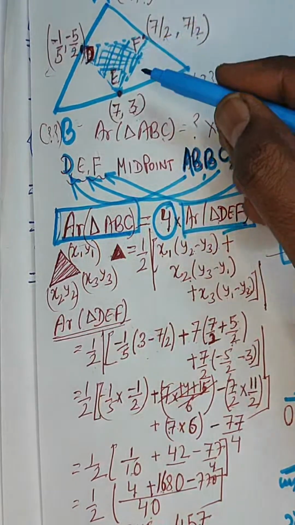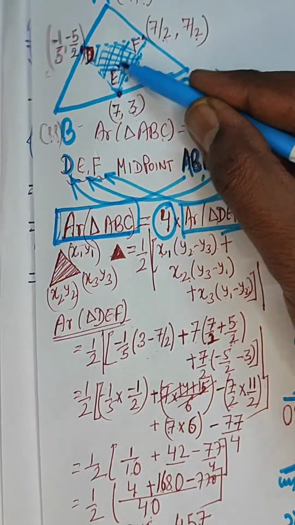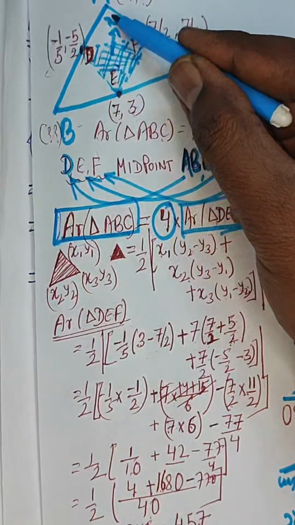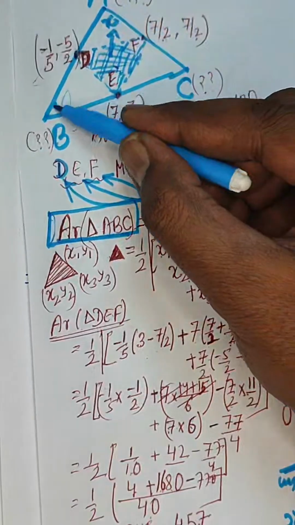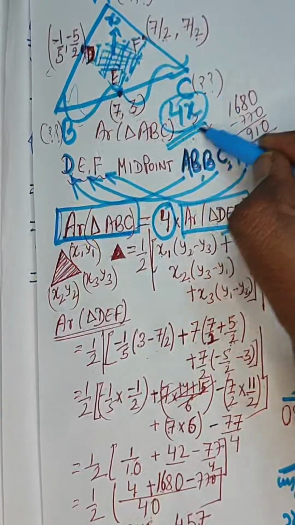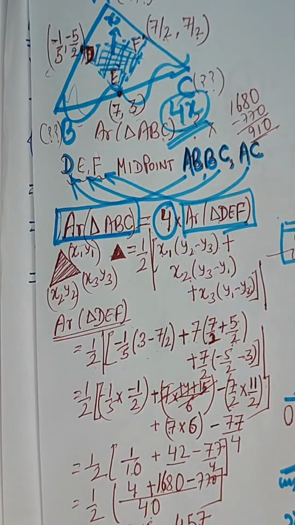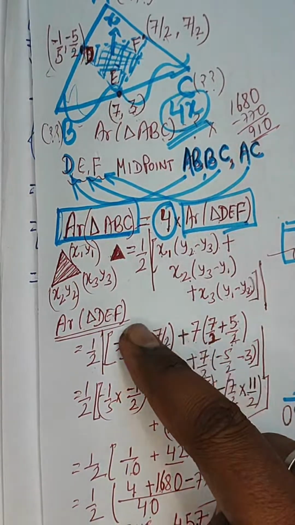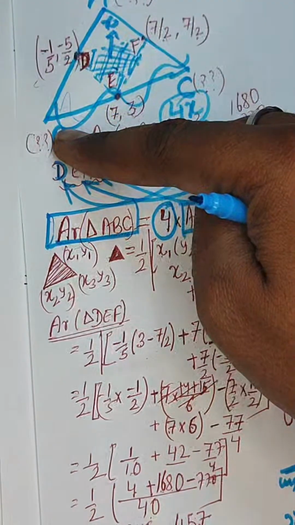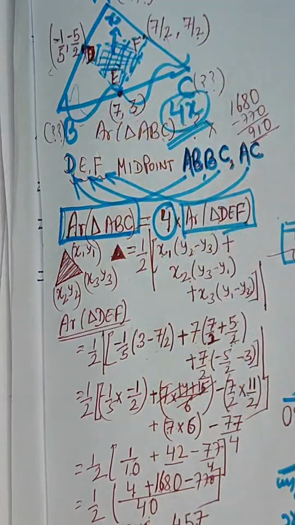Whatever be the area, if let us say the area of the smaller central triangle is x, then the area of the bigger triangle will become 4x, right? This we have seen in the proofs, right? Using that only we can solve this question, even if we do not know the coordinates of the vertices, right?